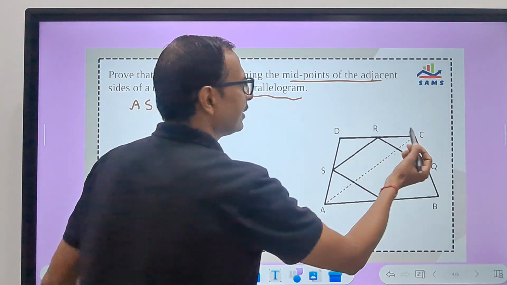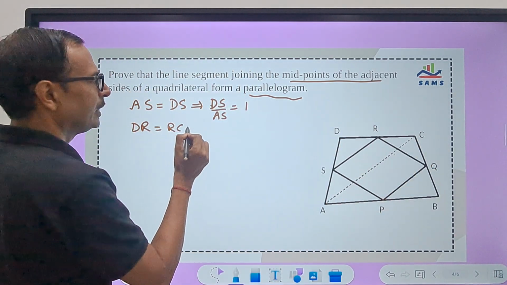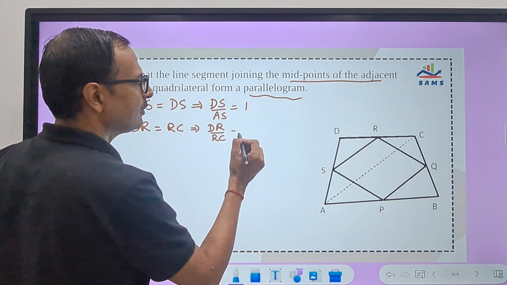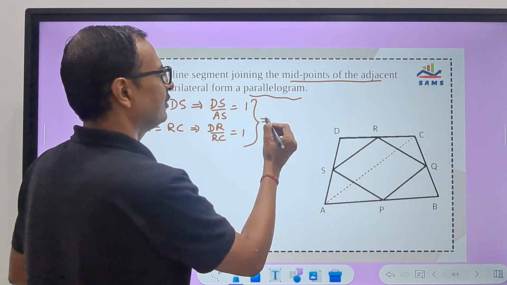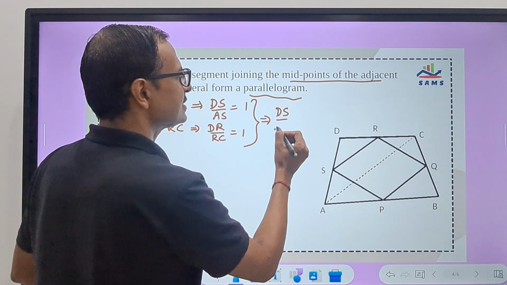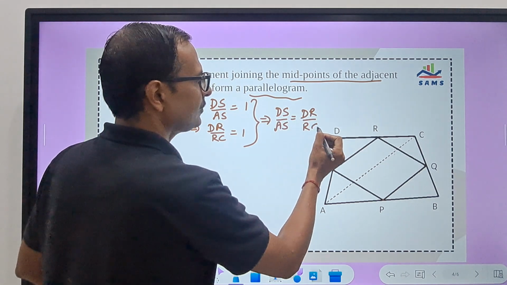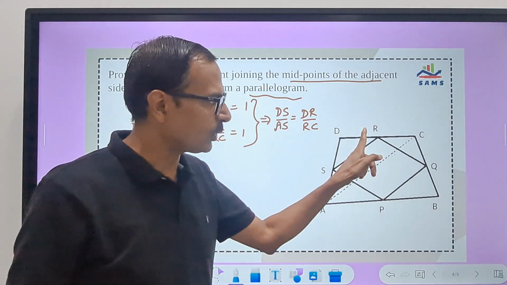Likewise, if you see here, DR and RC are equal, and that means the ratio of DR and RC is also 1. And from these two, since both the ratios are 1, we can write DS upon AS is equal to DR upon RC. See, DS upon AS equal to DR upon RC.